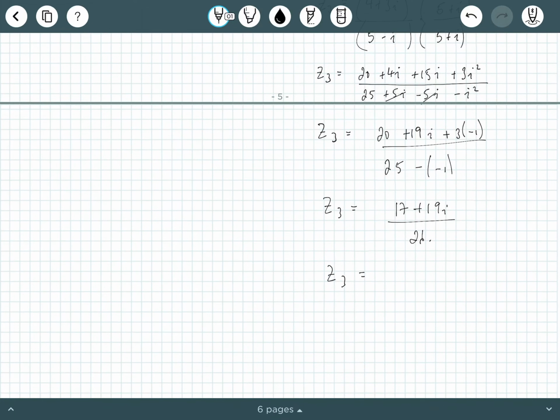So Z3 is equal to 17 over 26 plus 19 over 26 i. And there you have A is equal to 17 over 26 and B is equal to 19 over 26. Alright, there you go, boys.